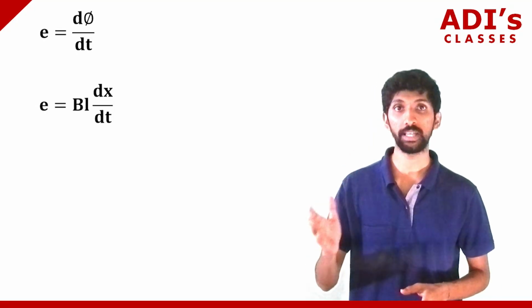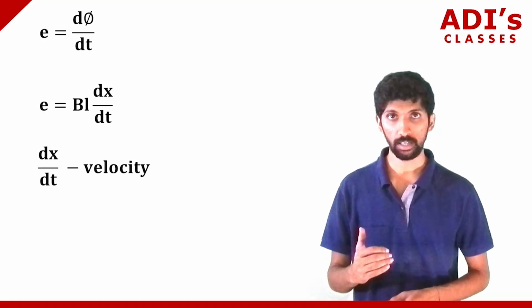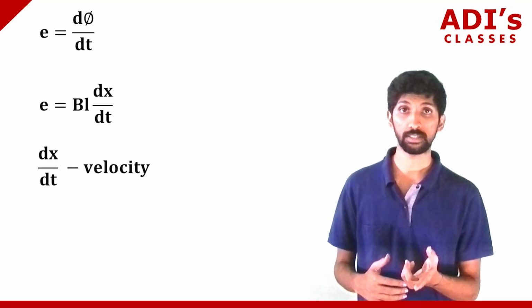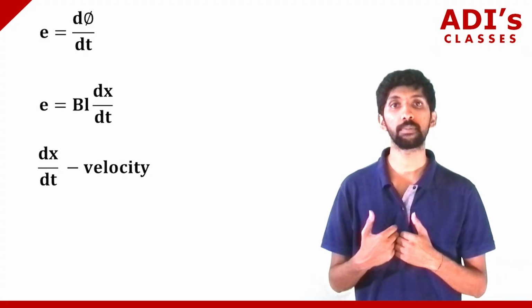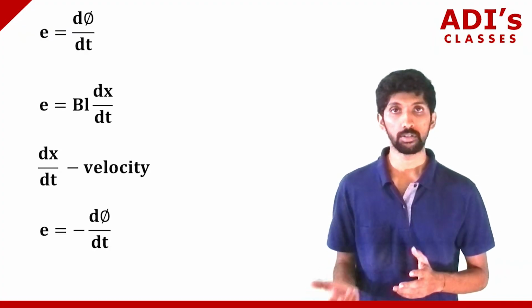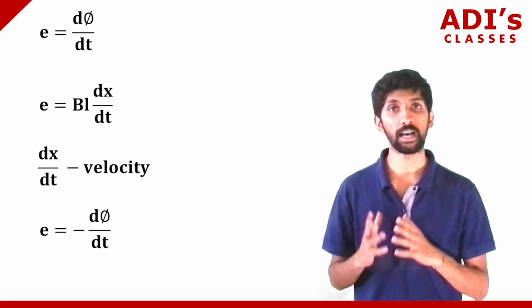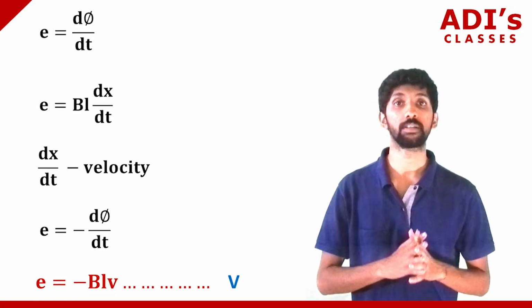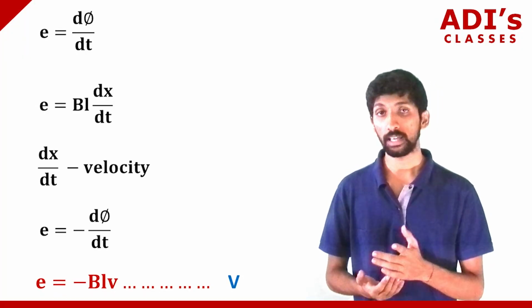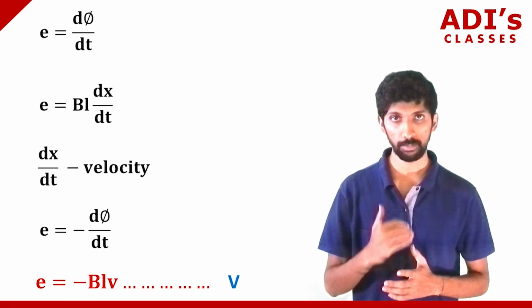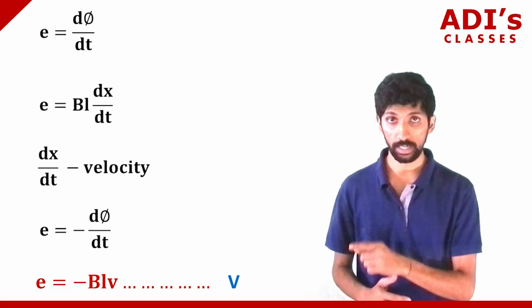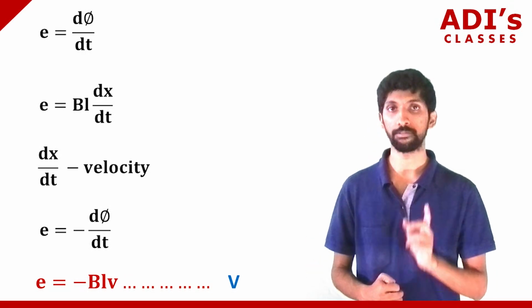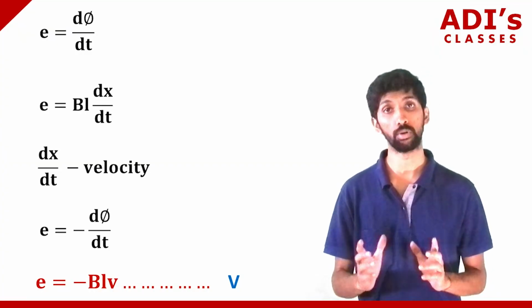Dx by dt is nothing but velocity, because X is the displacement, and displacement by time gives you velocity. So d phi by dt is BLV. The induced EMF is given by E equals minus d phi by dt, which gives the induced EMF as minus BLV volts.